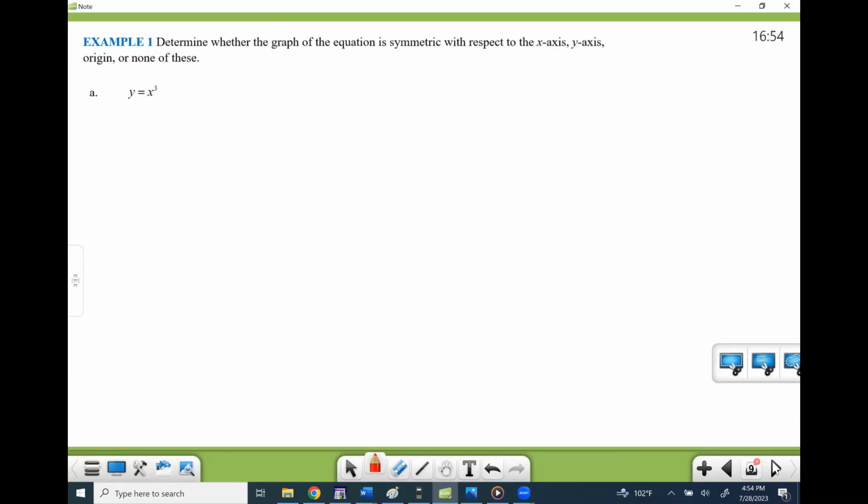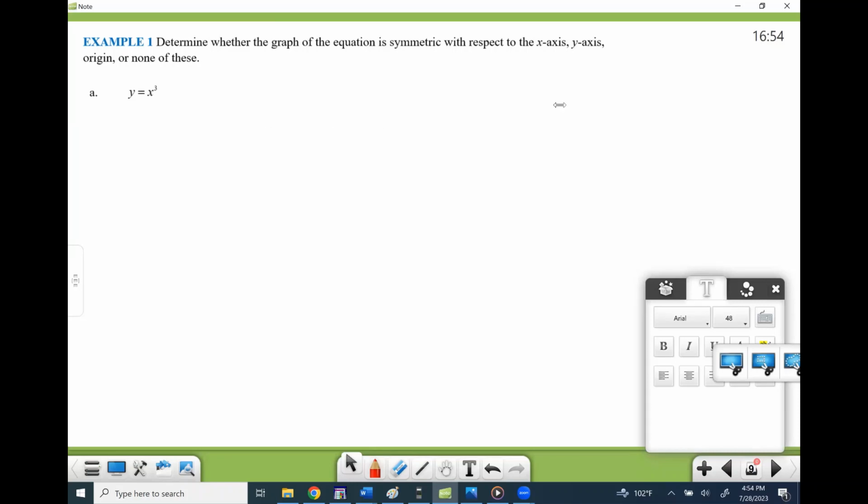Okay. All right. So it says determine whether the graph of the equation is symmetric with respect to the x-axis, y-axis, origin, or none of these. Okay. So let's go ahead and make sure that we write down our plan of attack. We'll start off by checking for the x. If we're looking at the x-axis, then we're going to put -y for y, right?